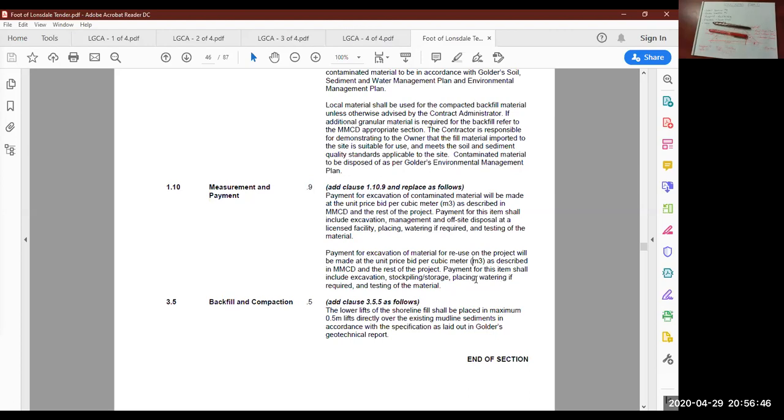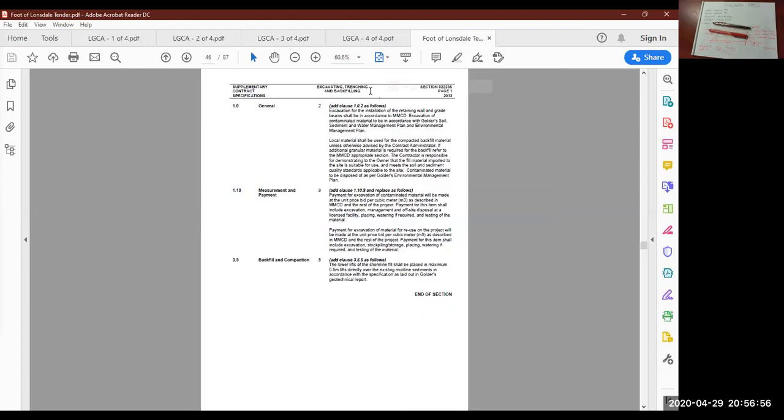It should say compaction there also. They missed compaction. It tells you how to place. Each of these sections will give you details on how the bid items are measured, how you will be paid, and specifically what to include.